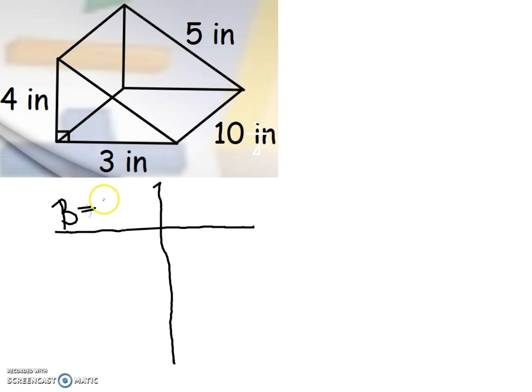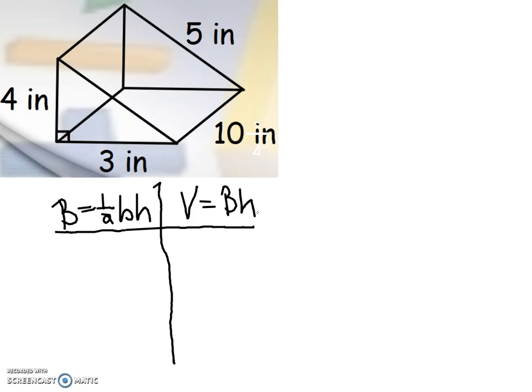So the area of a triangle is 1/2 base times height. That's the base of this shape. Now to find volume, it is volume equals the area of the base times the height of the prism. And the height of the prism is just the distance between the two triangles.